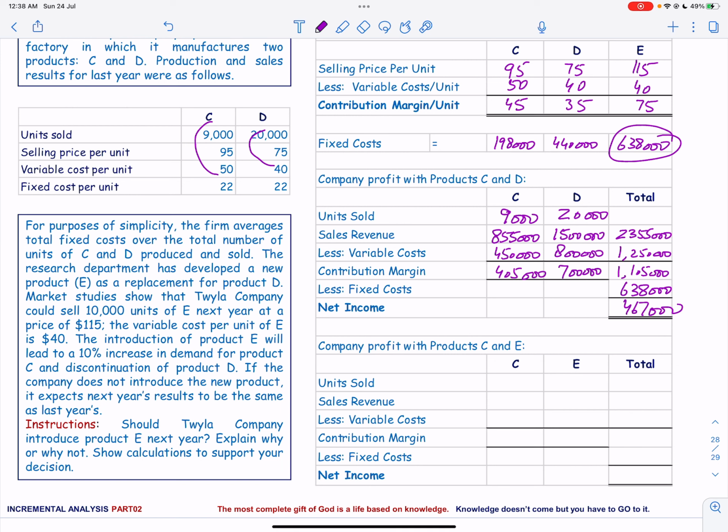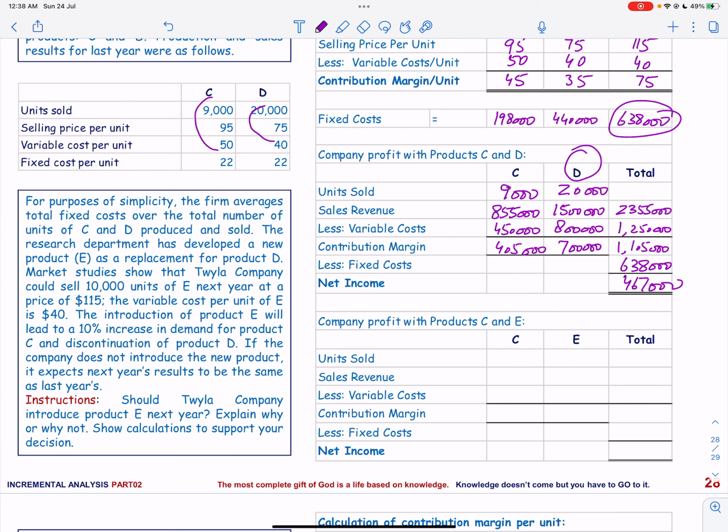Now if we eliminate product D and we work only with C and E, so presently we are selling 9,000, but the introduction of product E will lead to a 10% increase in demand of product C. So that will make the total units sold 9,900. For E, they are selling 10,000 units.